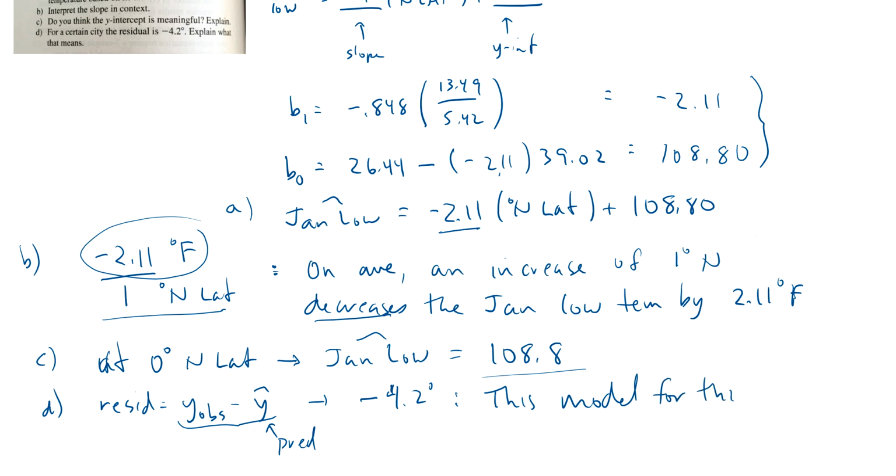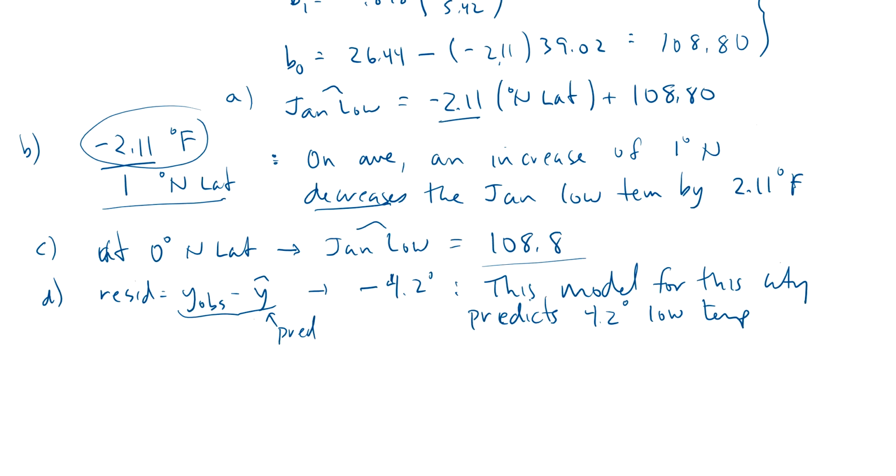So this model for this city predicts 4.2 degrees, this is bigger than the observed value. Let me rewrite that better, sorry.